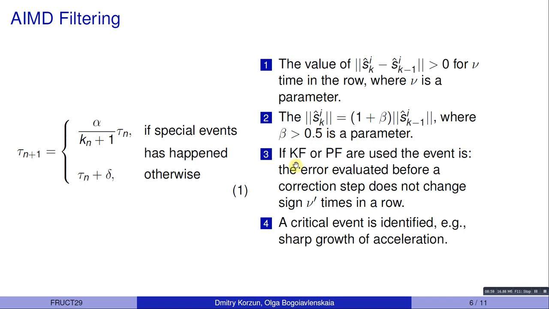Also, if we use a Kalman filter or a particle filter, we use the error evaluated before a correction step to identify the event. And also we have a so-called list of critical events which need immediate attention.